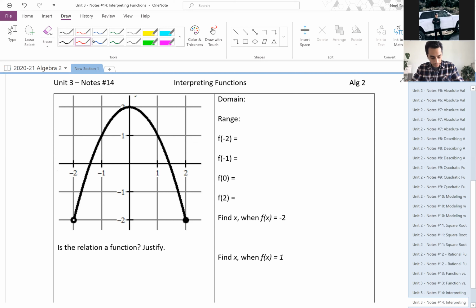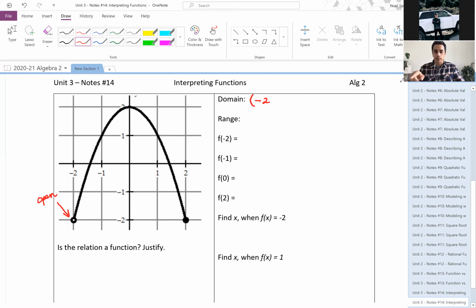So I have an idea that the domain begins at -2, but because I have an open circle here, would I use a bracket to include -2, or a parenthesis to not include -2? Yeah, parenthesis. Good, Neil. Thank you. Parenthesis because we're not including this number, because it's open.